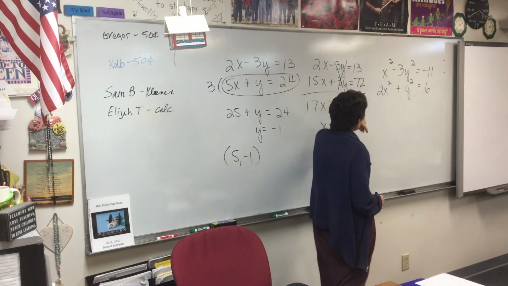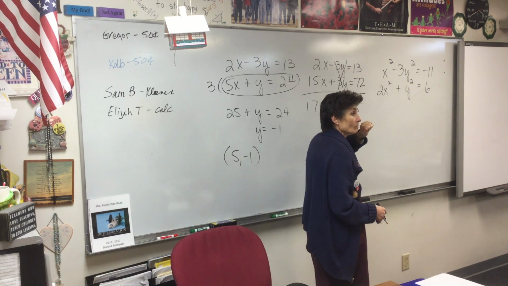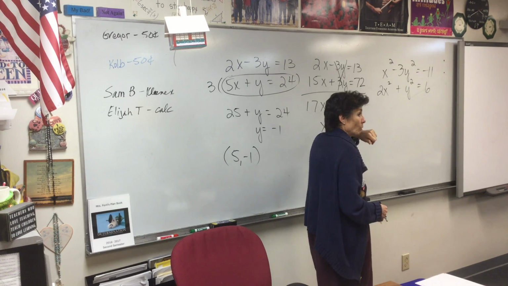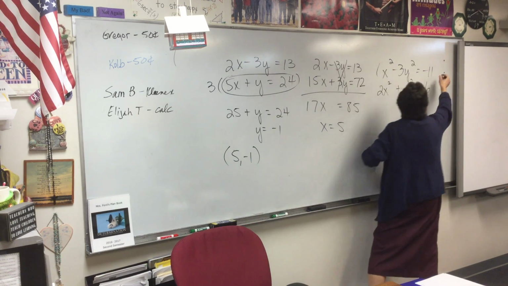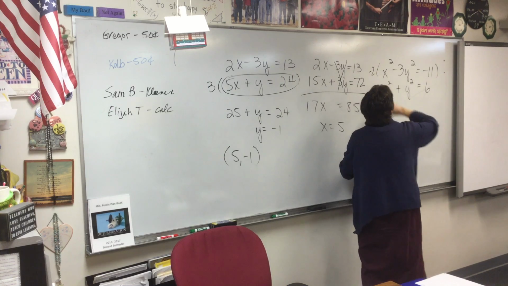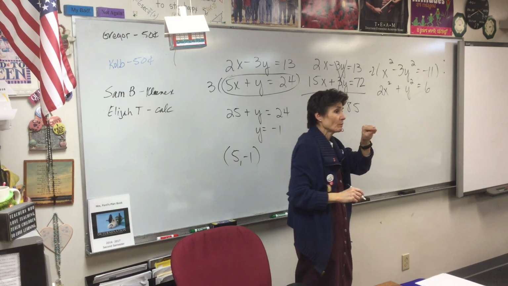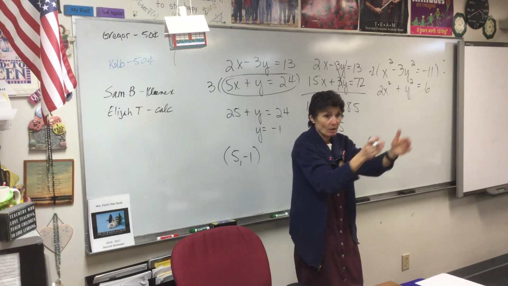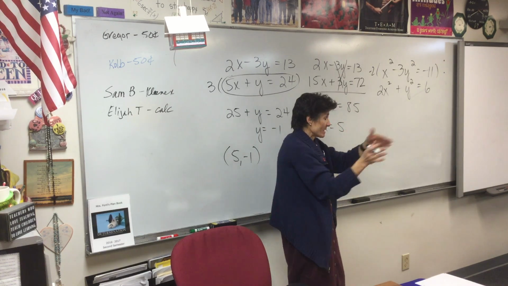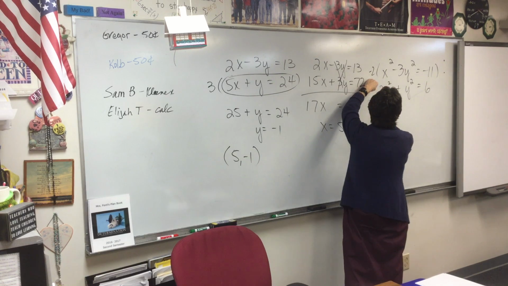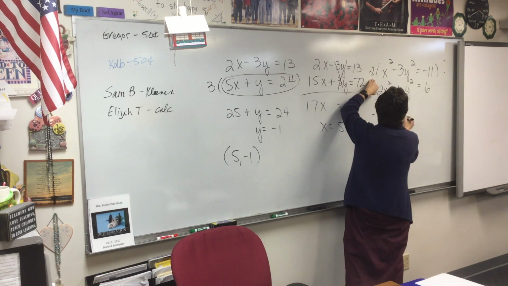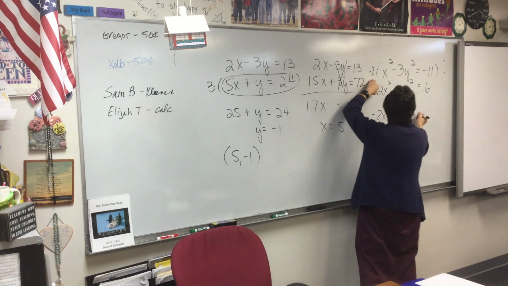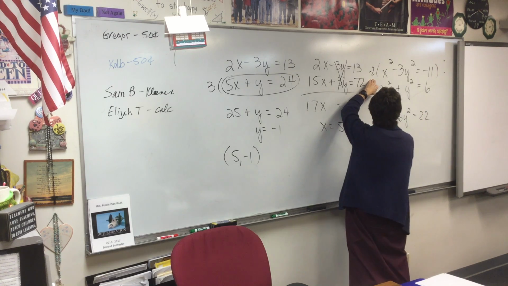So what do you suggest? Top by negative 2. Top by negative 2 will work. You may not want to do that. That's up to you, but that certainly is a good option. Do want to remind you that when you multiply the top by negative 2, it's everything all the way across. Everything has to be times by negative 2. So negative 2x squared plus 6y squared equals positive 22.